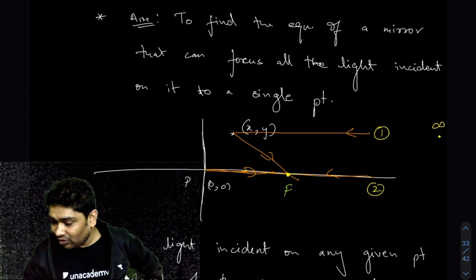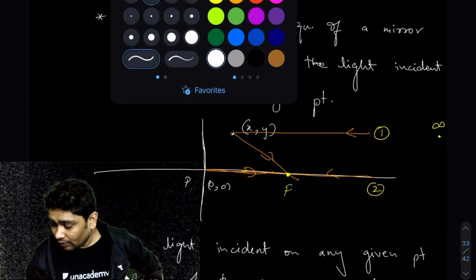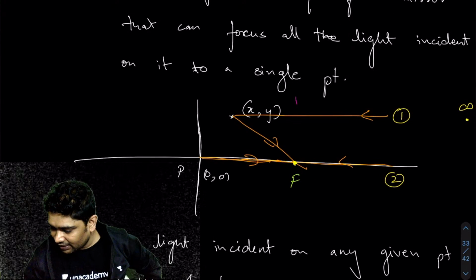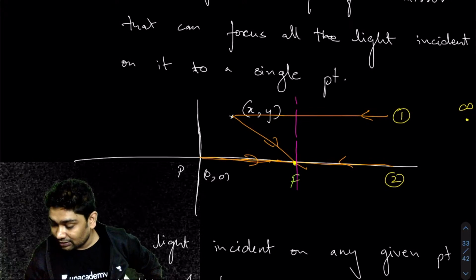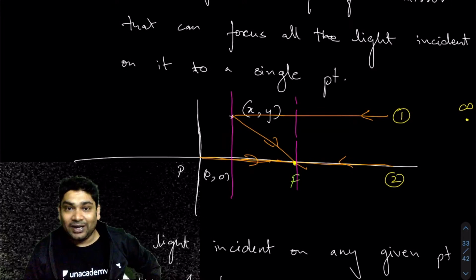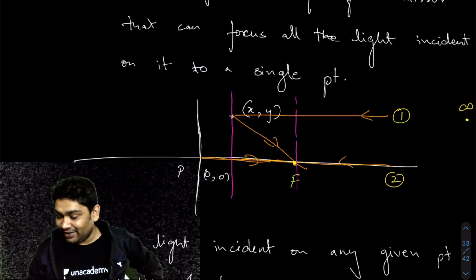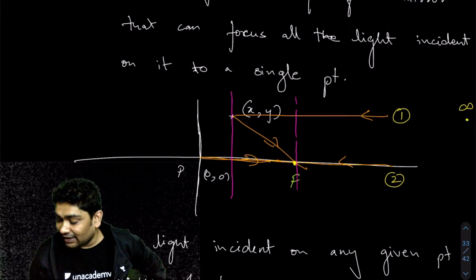Okay. Now, what I will realize now is that up to here, the path lengths were similar in any case. Up to this point, up to reflection, both from infinity had covered equal paths.